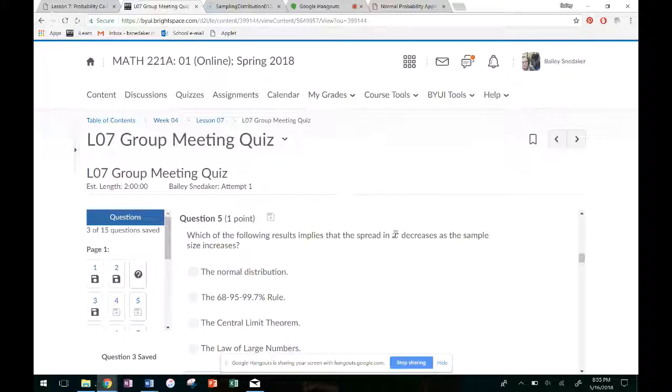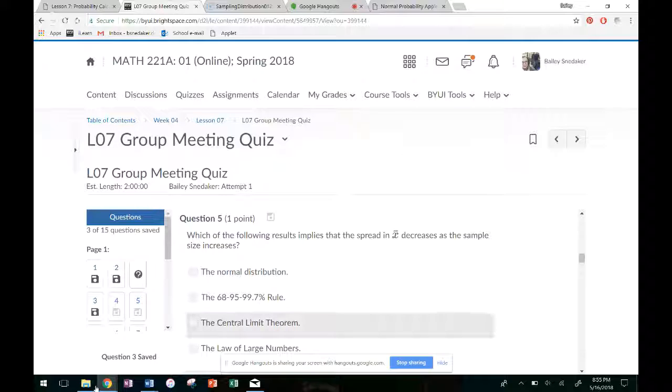So the spread decreases. You're right, the spread of your mean is your standard deviation. So if it's decreasing, the standard deviation is decreasing as the sample size increases.